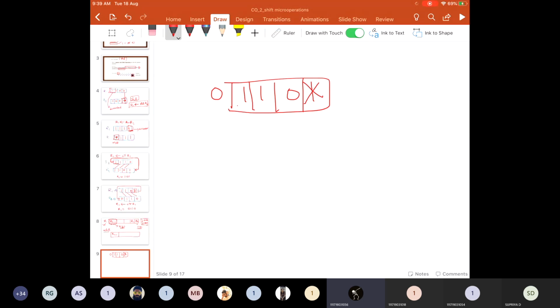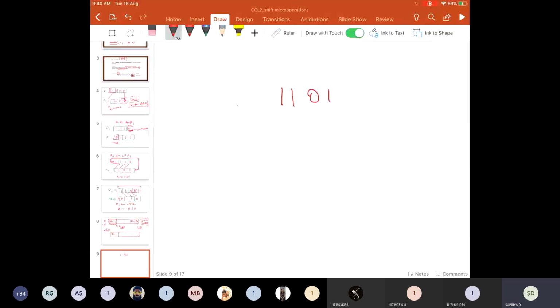Ma'am, in logical shift left, we discard the most significant bit, right? Yeah, we discard the most significant bit. The leftmost one will be discarded. In the logical shift right, the least significant bit will be discarded, and in the logical shift left, the most significant bit will be discarded.